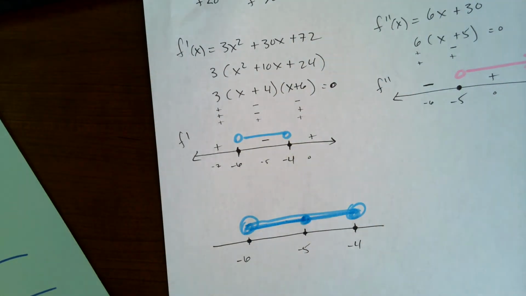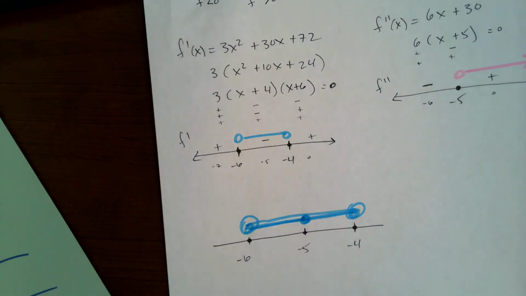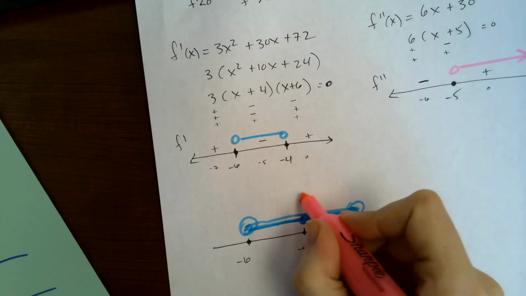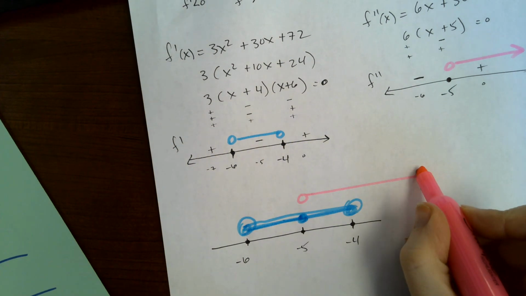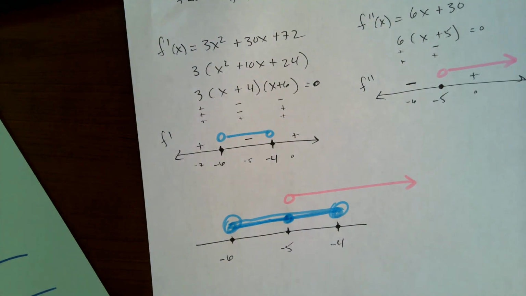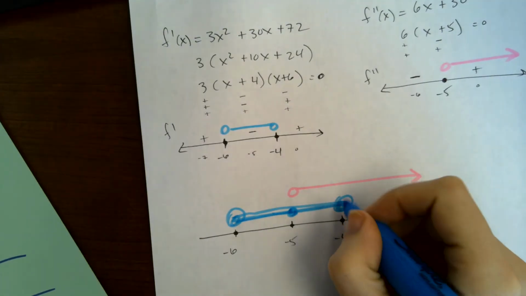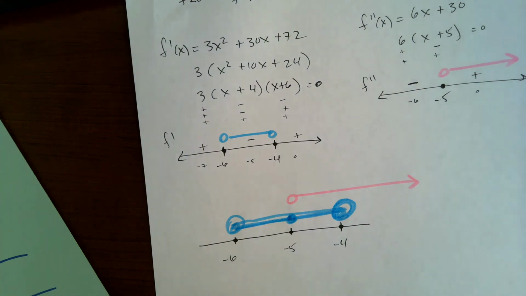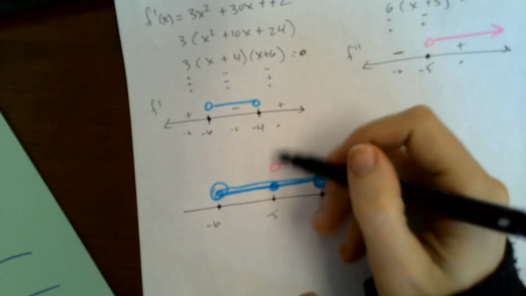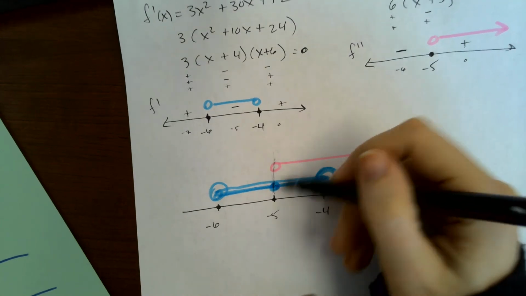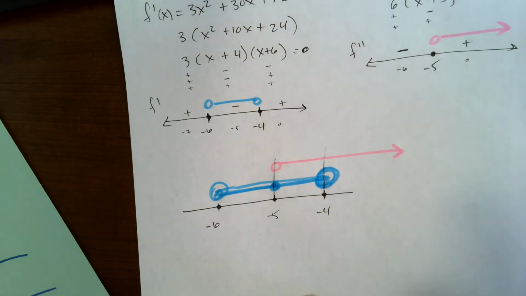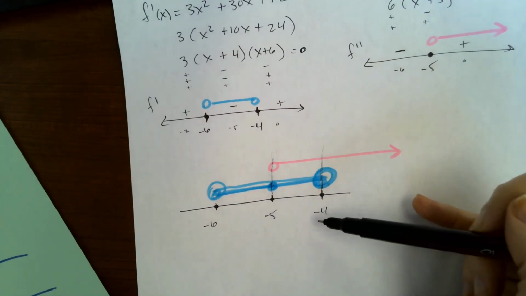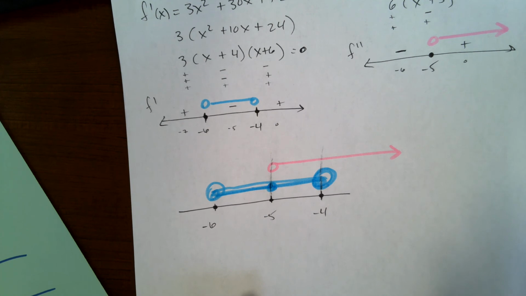So that is where f is decreasing. And then this is where f is concave up. Now, I sort of messed up when I was drawing this, but this is an open circle here, guys, okay? So we're going to actually have a union of 2 intervals. So from here to here, oh no, actually that's it. Okay, so where the pink and the blue overlap is where f is both decreasing and concave up.